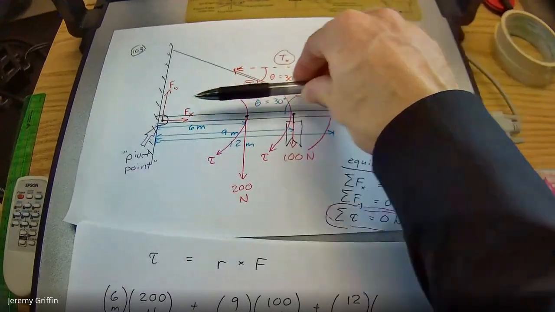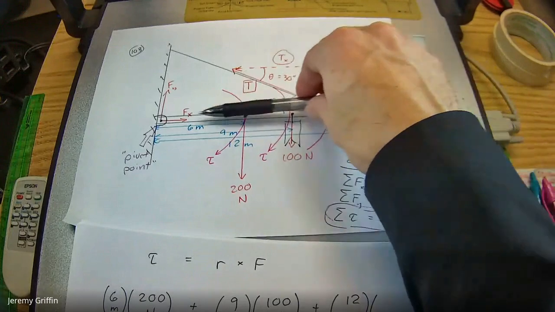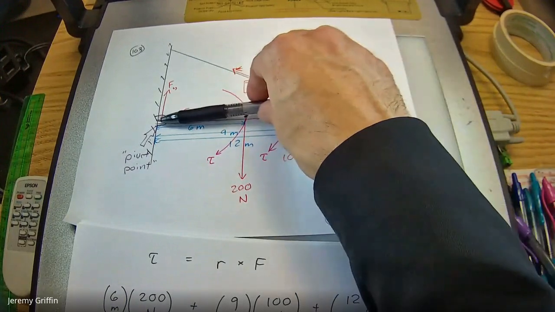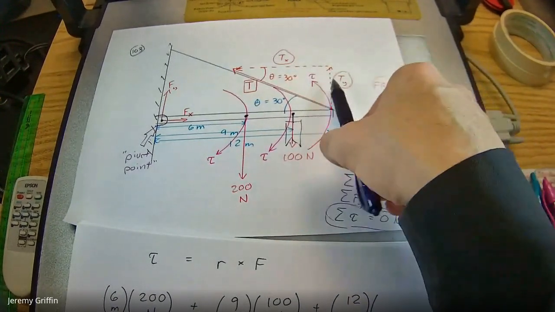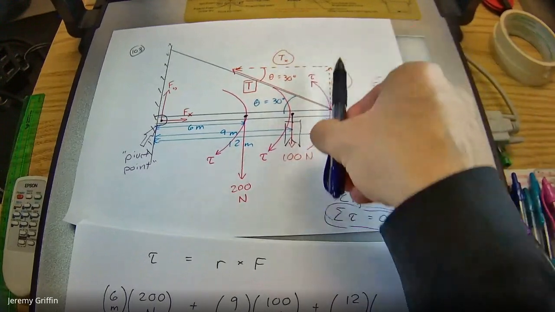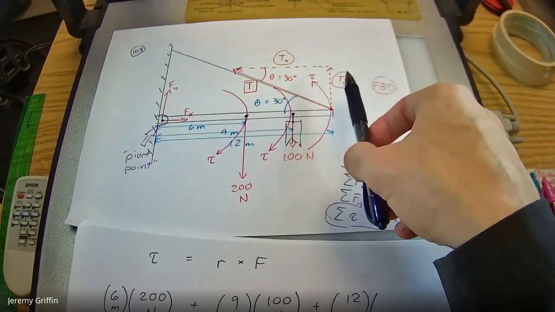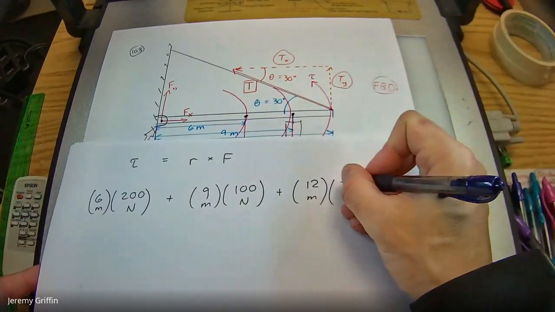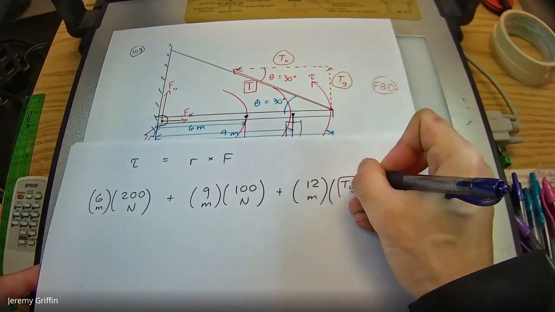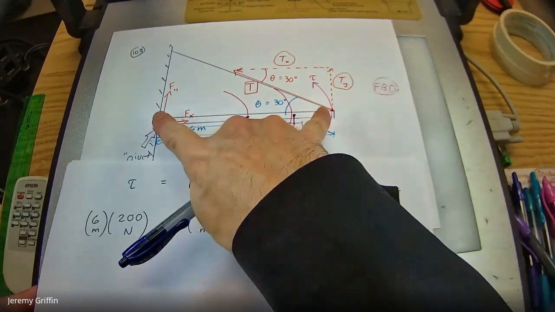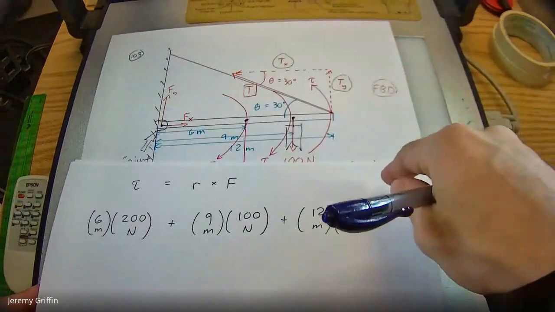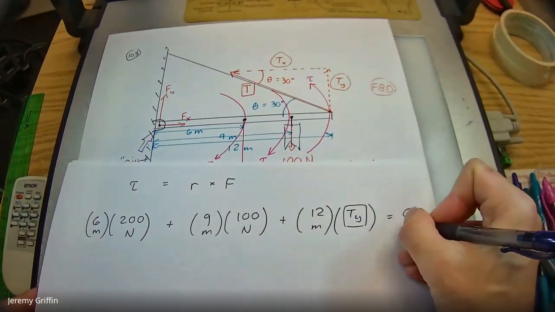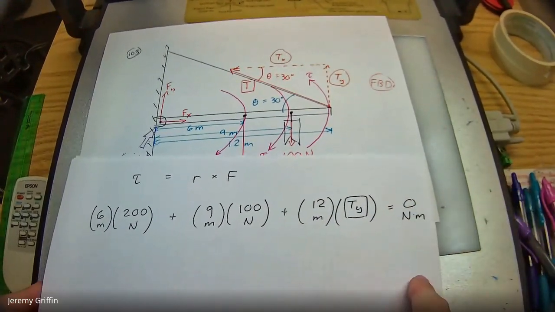I mean, part of the tension is actually pushing this beam into the wall, but that's not causing it to rotate. Only the y component is. Only this component right here. Isn't that true? Only the y component's actually doing anything. So it's really tension in the y direction acting at the 12 meter mark that's causing the counterclockwise rotation that's bringing this all to 0 Newton meters. Okay?